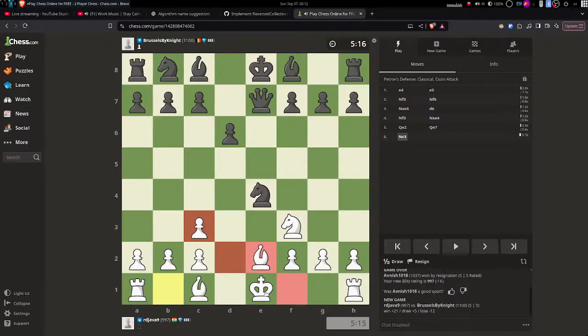This is what I'm suspecting. And even then I can do a castle, and the next thing should be this. Okay, it is going exactly that way, but I do not want that.